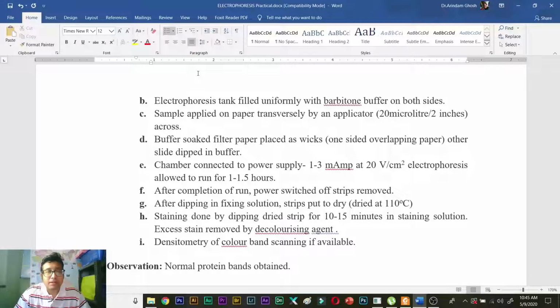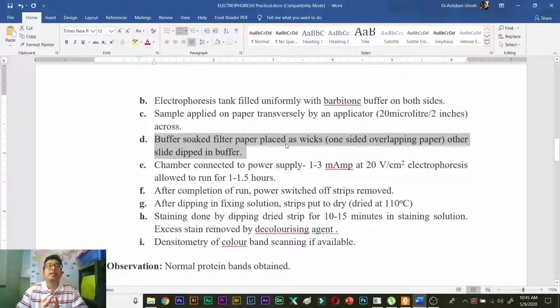Filter paper. This line you may choose to write or not write depending on the procedure that is shown, or that you prefer. So, buffer soaked filter paper is placed as wicks, one side of the paper overlapping the gel and the other side dipped in buffer. I will show you exactly what I mean. For now, just write this down.